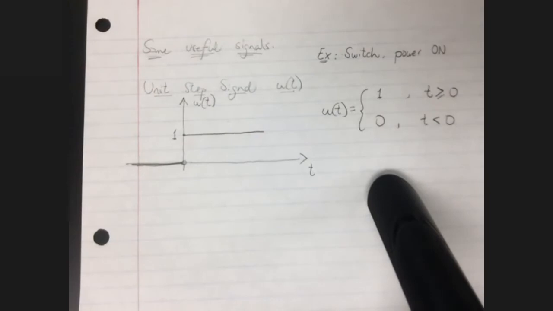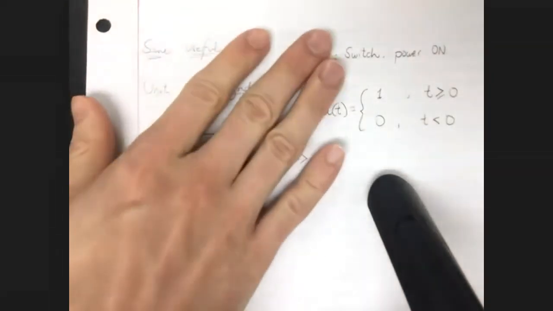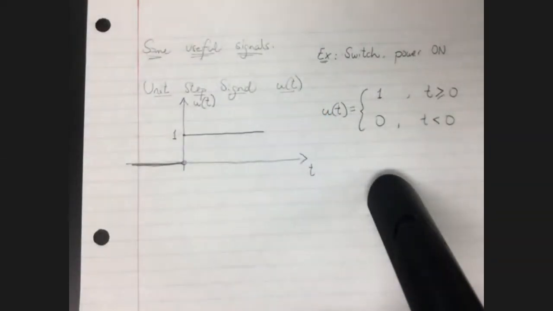Anything else aside from a switch that you might visualize that way as a step? This is the main concept there, just switching something on.